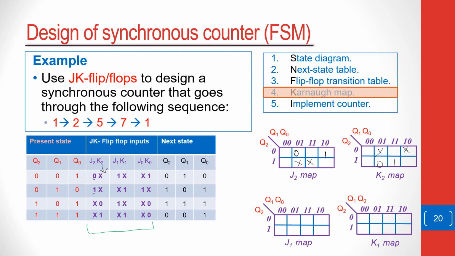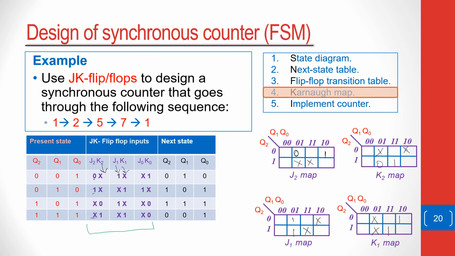When we look at J1, we see that we have a 1, then a don't care, then the next one as a 1 and a don't care. And when we look at K1, we have a don't care, then a 1, a don't care, and another one.